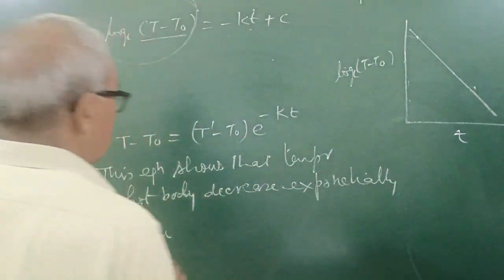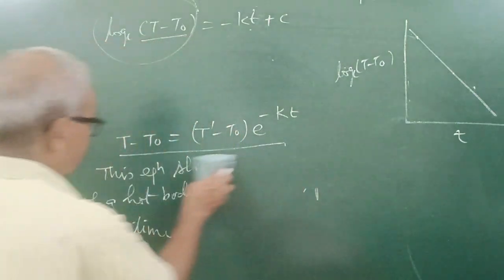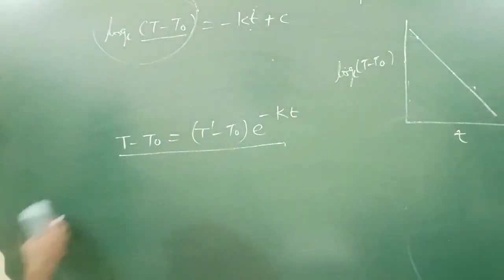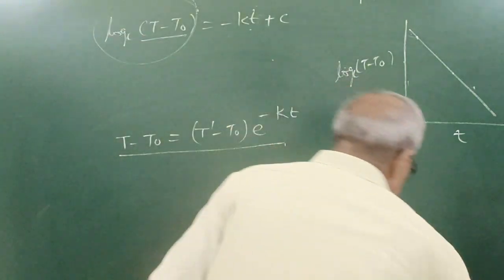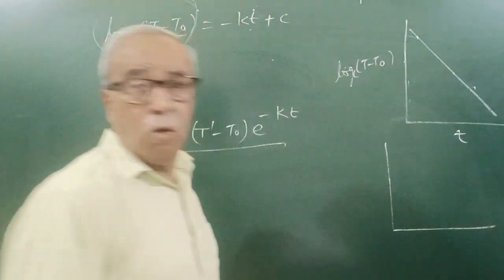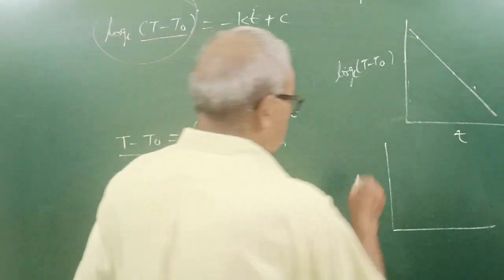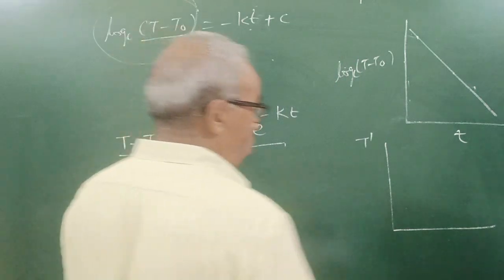Now if we use this equation and plot the graph between t and the temperature of the hot body, so it is T dash, the initial temperature at t equal to 0.